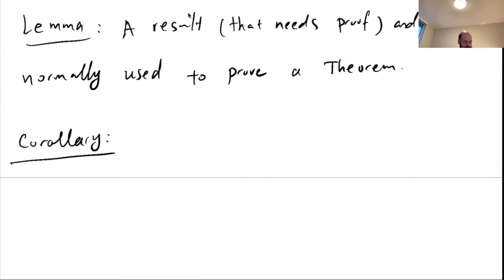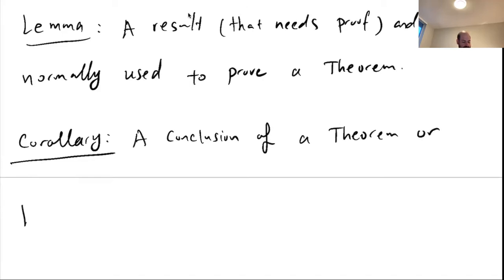Corollary in mathematics means conclusion, a conclusion of a theorem or proposition that also needs proof.